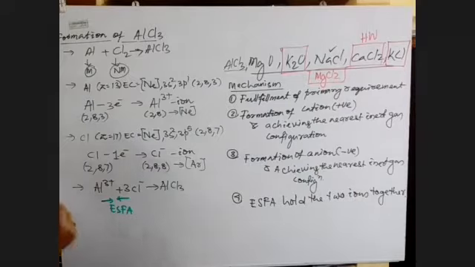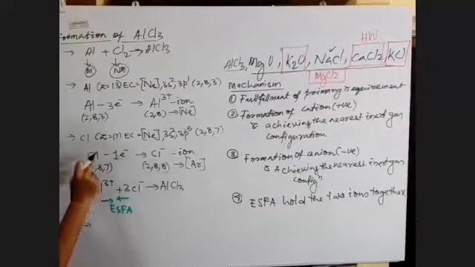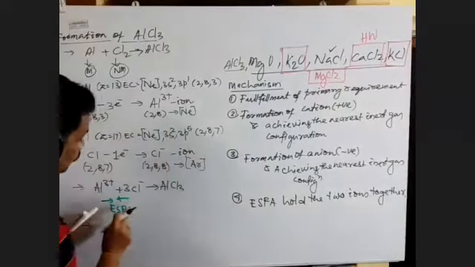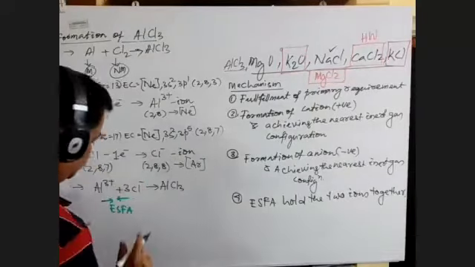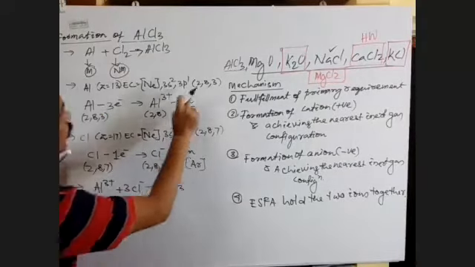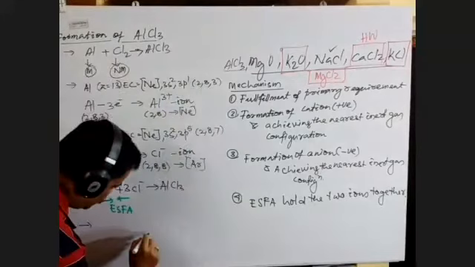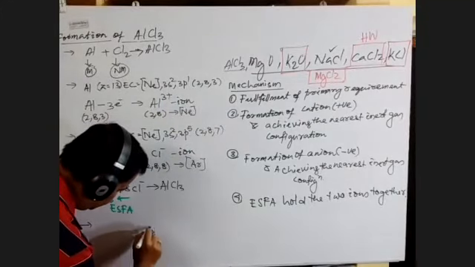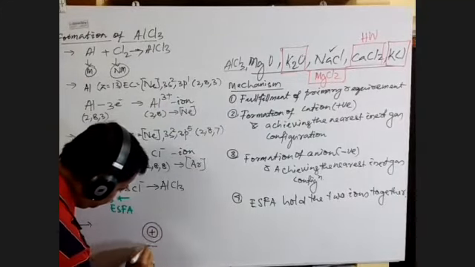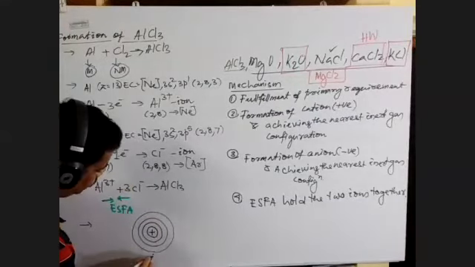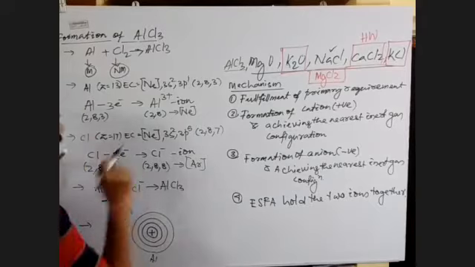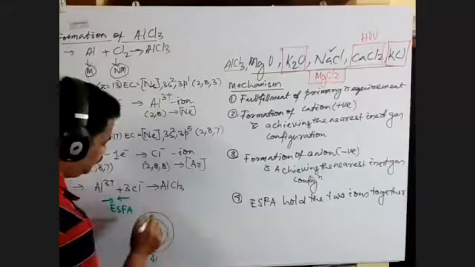So now the structure. How do you check the structure? Now you check aluminum. How many chlorine are there? 3 chlorine. So you can put the aluminum as the center. Aluminum has 3 shells, so I am keeping 3 shells. Right, this is your aluminum. Next is your chlorine. It also has 3 shells.